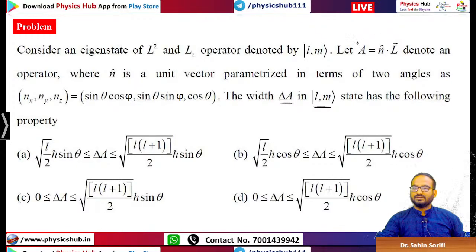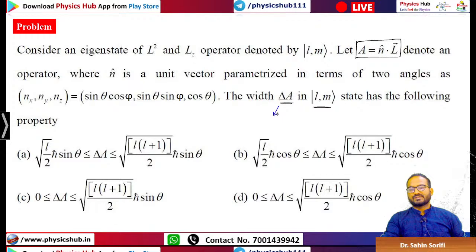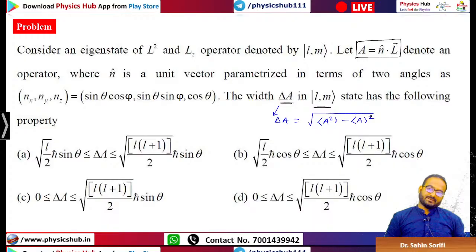A is equal to n̂·L. So you have to find out ΔA. ΔA is the standard deviation. So you know ΔA is equal to square root of ⟨A²⟩ minus ⟨A⟩², or expectation value of A² minus expectation value of A whole squared.